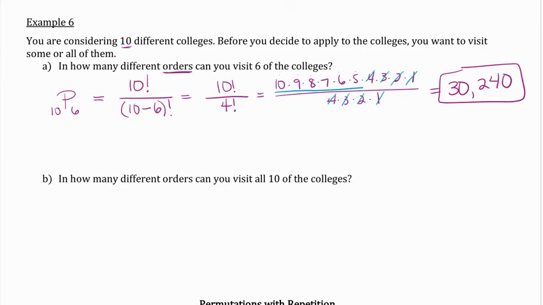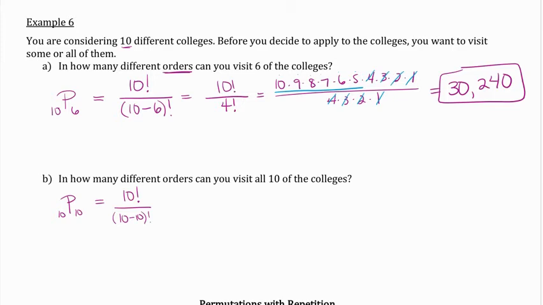Okay, and then the next one, how many different orders could you visit all 10 of the colleges, right? So you can do this either way. Again, if you want to use that same formula, that's a permutation of 10 things and I'm choosing all 10 of them. So if I plug that in, I get 10 factorial. And on the bottom, I get 10 minus 10 factorial, right?